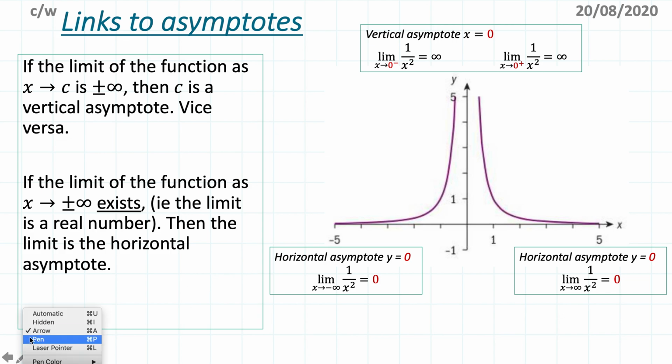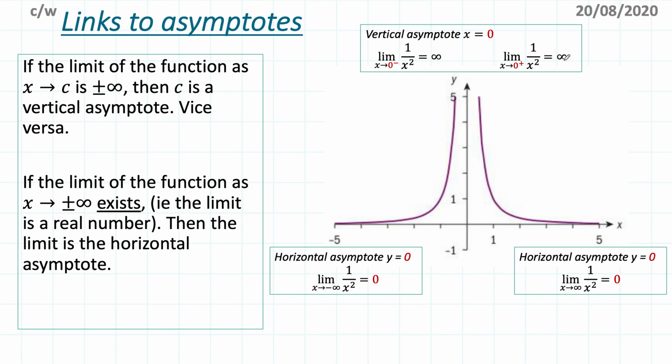But for this example, I'm telling you, can you test x equals 0? And you test it out. Remember, we want to make sure that we're getting an actual limit. So you test it from the negative side. As x approaches 0 from the negative side, my function is going to infinity. Then you test it from the positive side, and you notice that the function also goes to positive infinity.